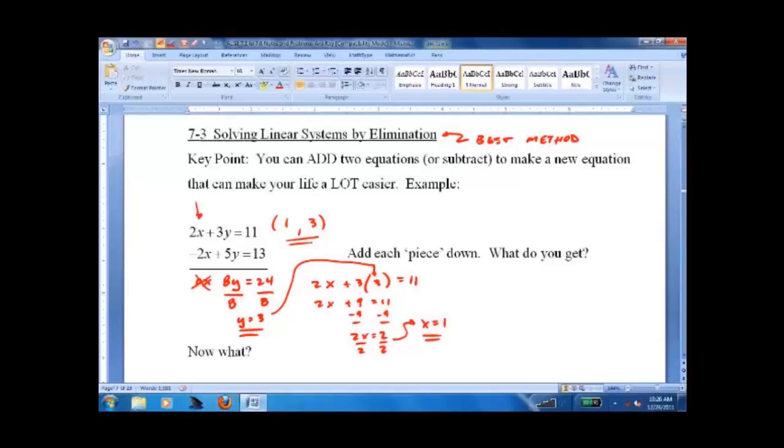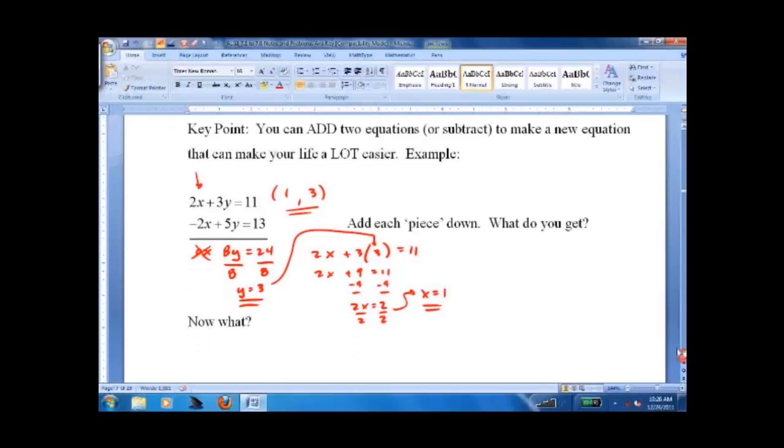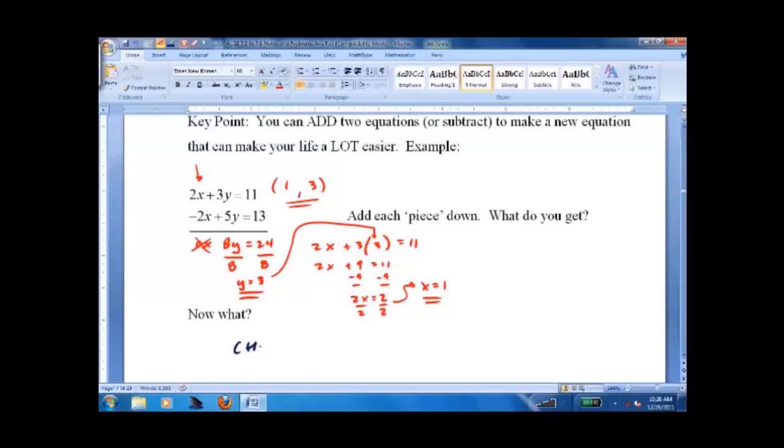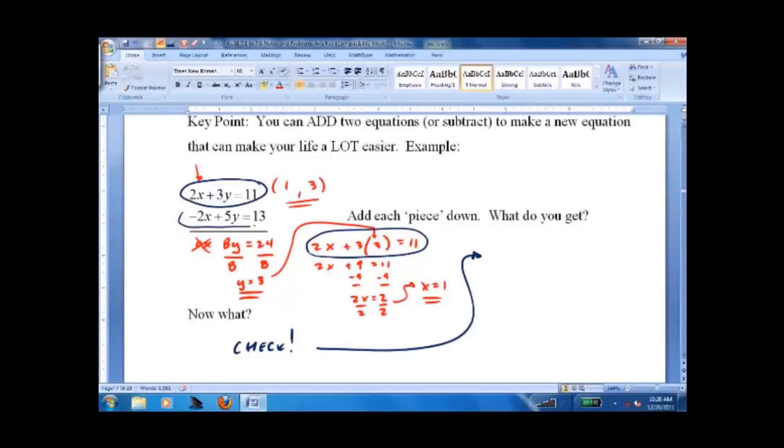If we had a number that's a decimal or a fraction, it works. And of course, we're not done, because we might have made a mistake somewhere, which happens. We have to check it. Now, we used this equation here to find the value of x. So we're going to use the second equation to check.